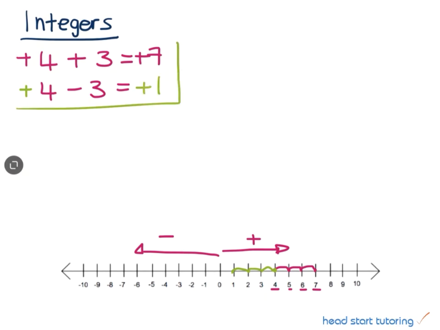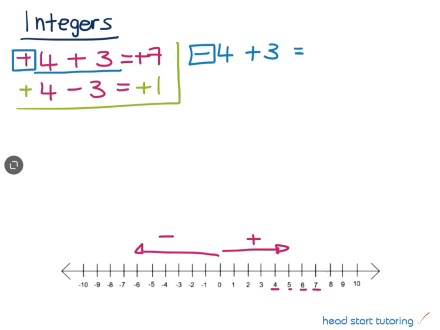Let's now have a look at what negative 4 plus 3 will end up giving us. So it's exactly the same here. We're working with 4 plus 3, except for the fact that our positive 4 is now a negative 4, and as we'll soon see, that changes the value of our answer quite a bit.